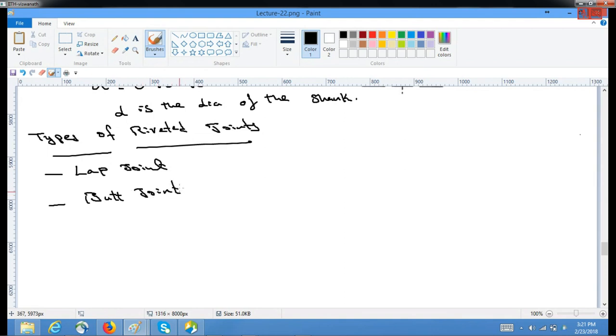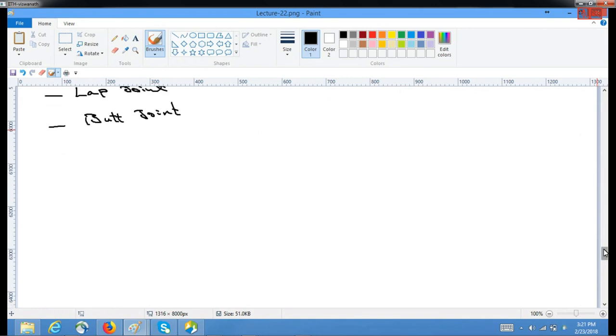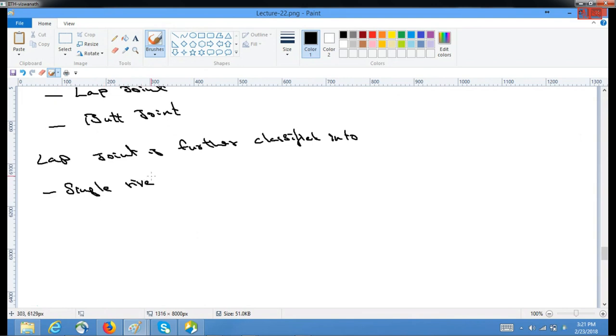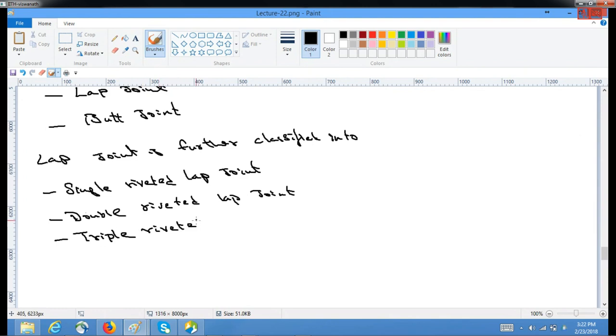Further, the lap joint is classified into single riveted lap joint, double riveted lap joint, or triple riveted lap joint.